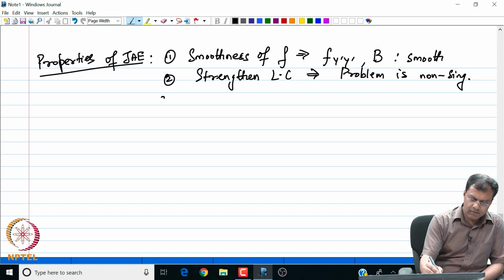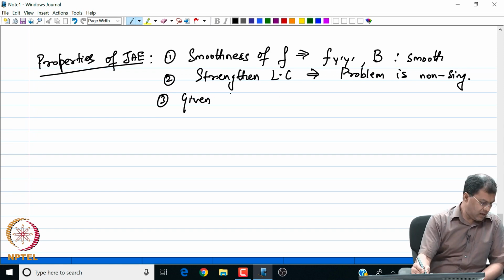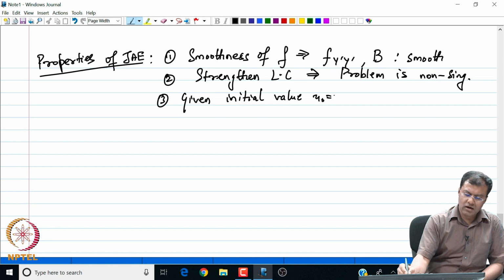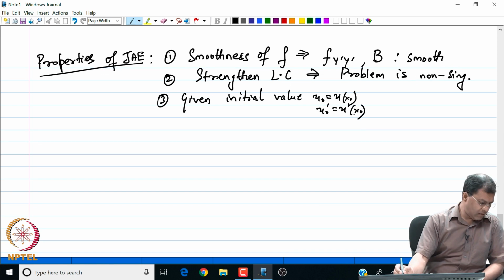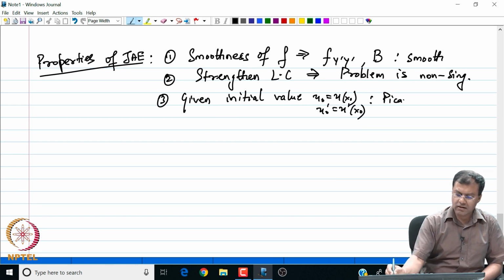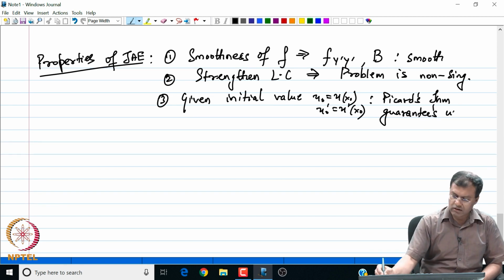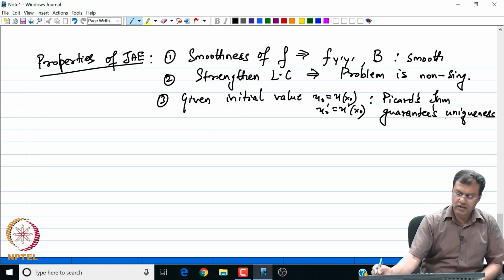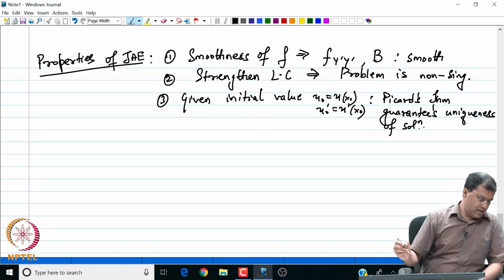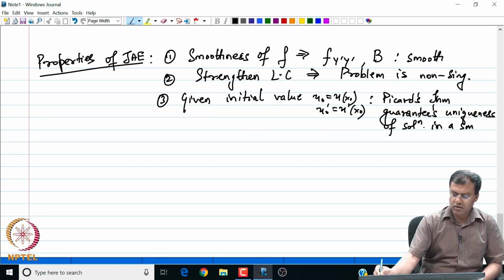So, what I just said is the following: given initial values u naught, which is u of x naught, and u naught prime, which is u prime at x naught, Picard's theorem guarantees uniqueness of solution in a small neighborhood of x naught.